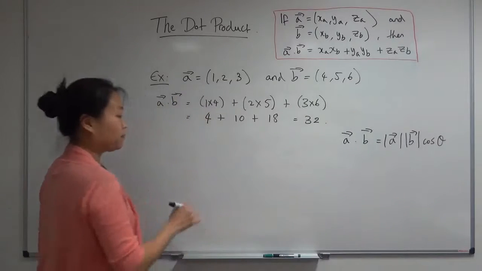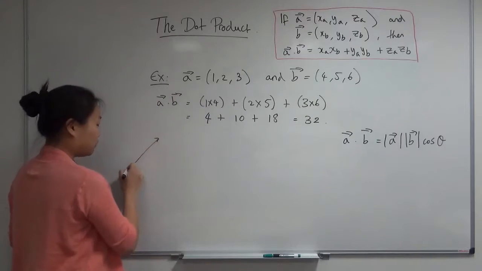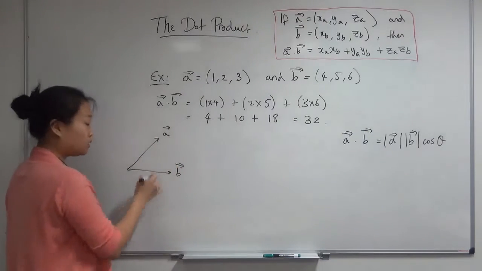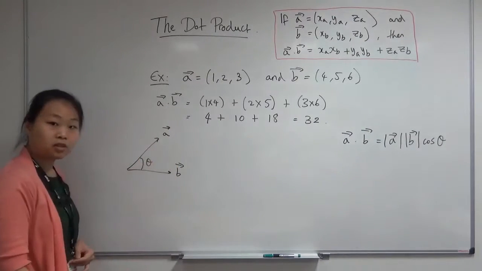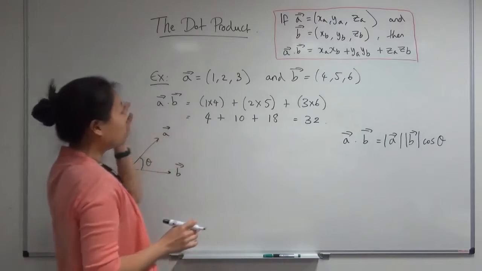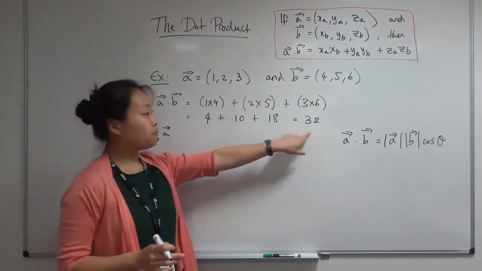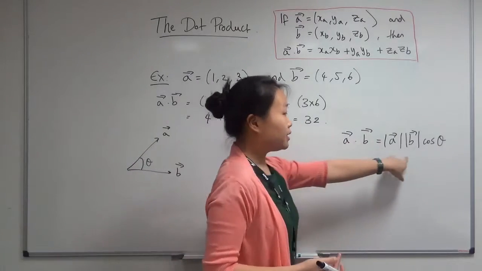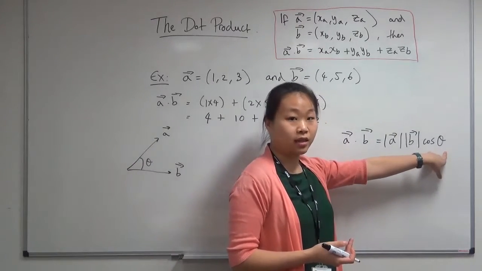And theta is the angle between our two vectors a and b. So here's my a, here's my b, and here's my angle between the two vectors. And so if we calculate the dot product of a and b, and we obtain a scalar, a number, we can use this to calculate what the angle is between a and b.